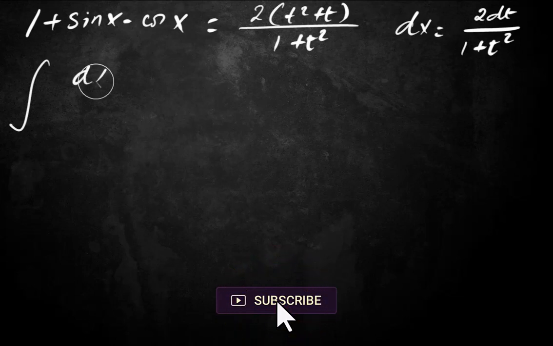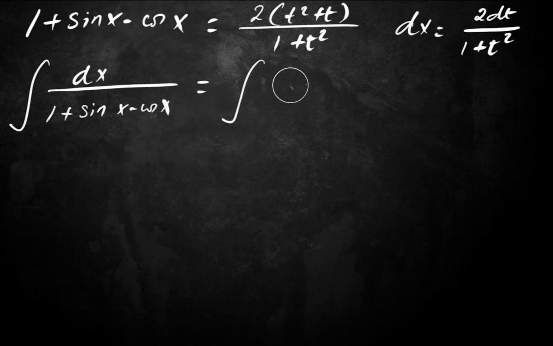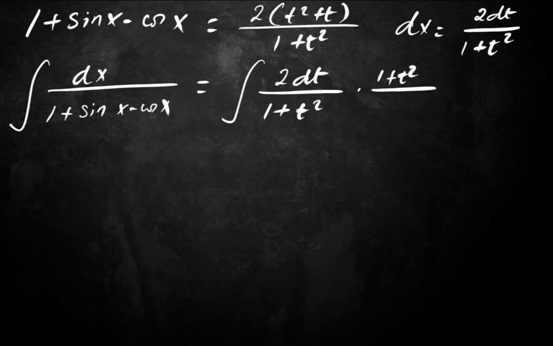We get now integral of dx over 1 plus sine x minus cosine x is equal to integral of dt over 1 plus t squared, now over this quantity here, that means 1 plus t squared over 2 times t squared plus t.